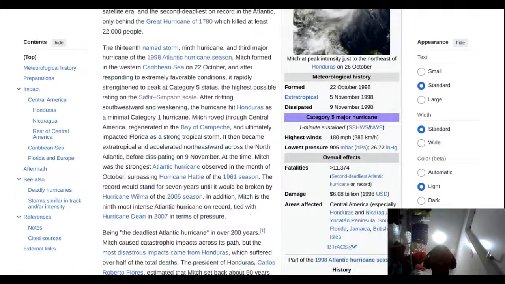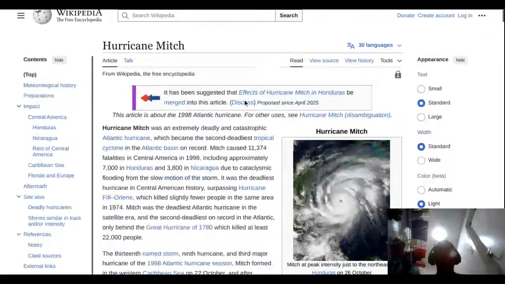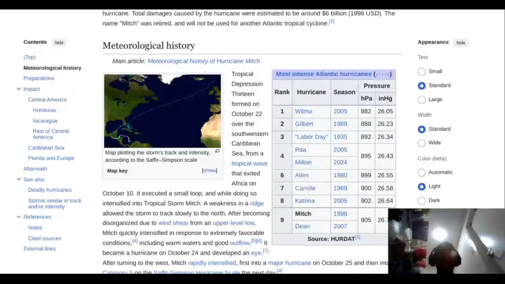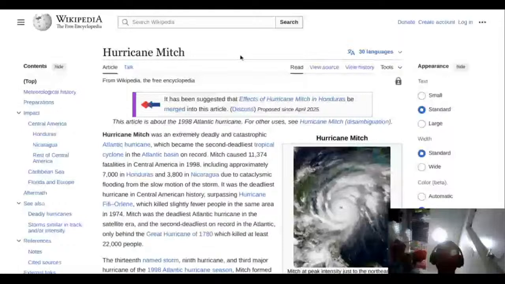This hurricane caused 11,374 fatalities. And Mitch has been the forgotten hurricane, so we're going to have to talk about him someday. Mitch is the forgotten. So let's go back.